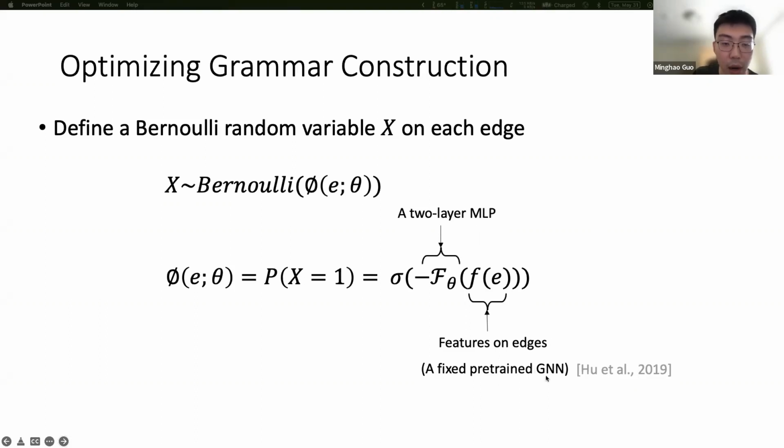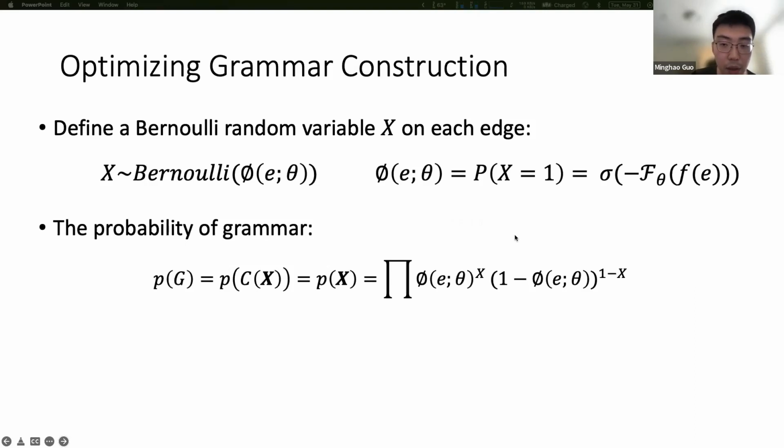And the graph neural network is fixed, because we just use it as a feature extractor. Based on this random variable, we can define the probability of this grammar, where we sample all the edges in an IID manner. The probability of the grammar is just the multiplication of the probabilities of all the edges on the graph.